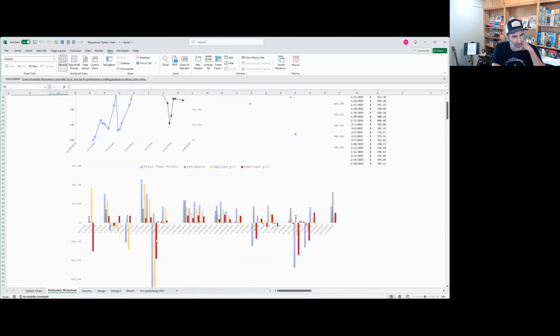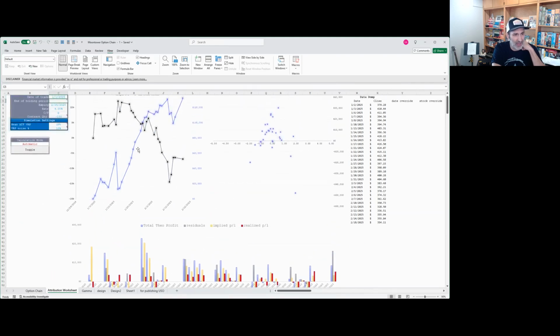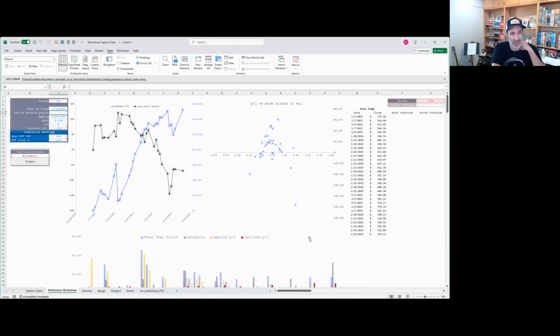It might have had a big one here because maybe the stock had a large move here. And you see the same exact profile here, where if you move more than one standard deviation, that tends to be where you're losing.